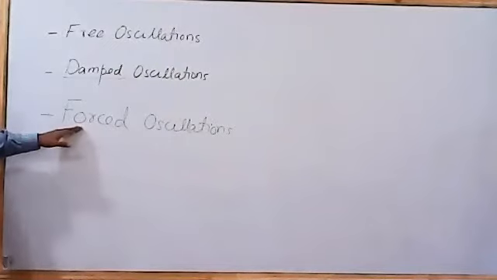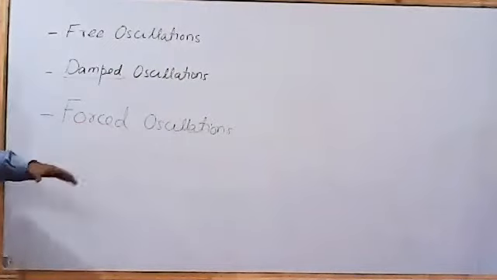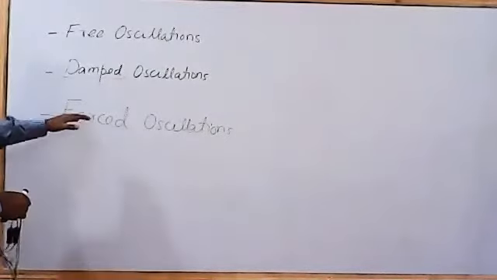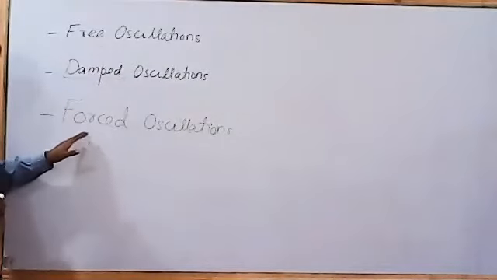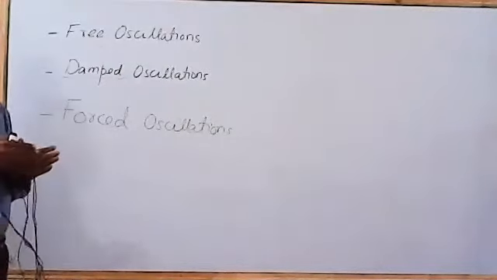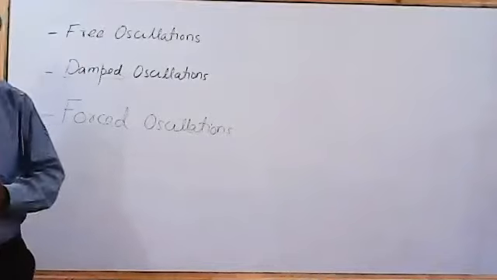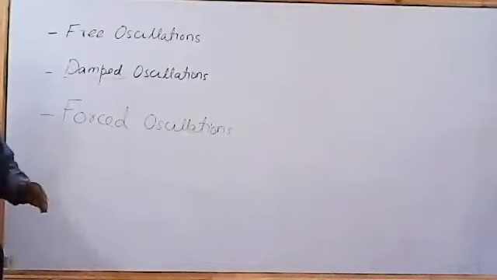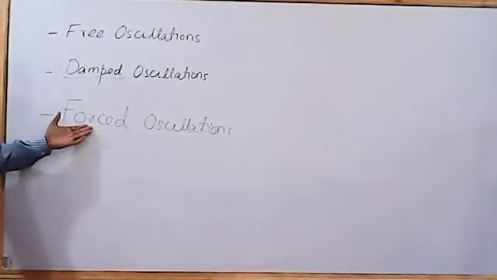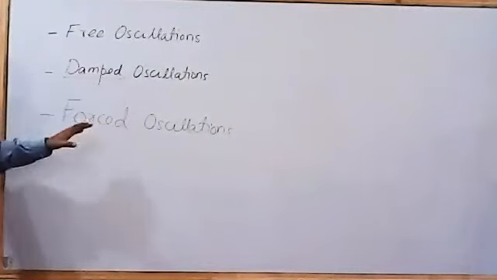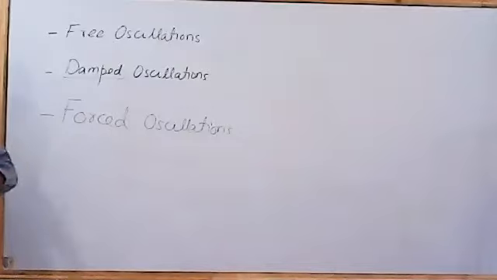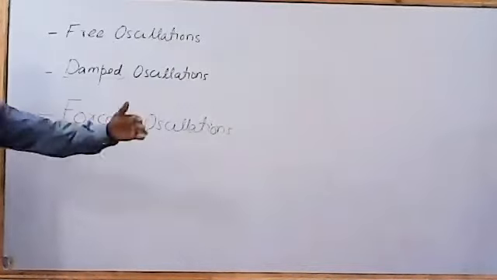In that case, the forced oscillations start, and it is no more free oscillations because we have connected that system to a mechanical device, an oscillator for example, which makes up for the loss of energy caused by damping. That energy is put in at a certain frequency.